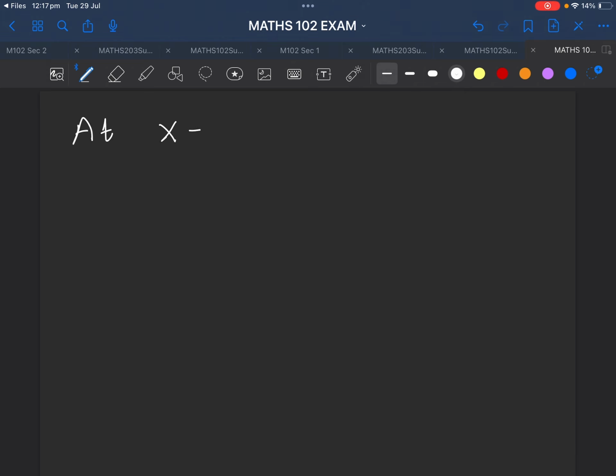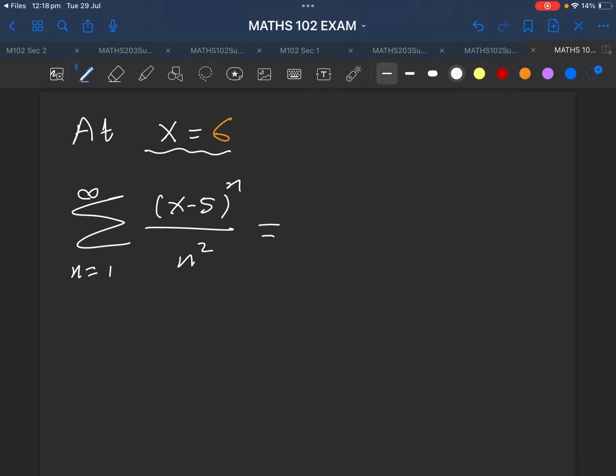So at x equal to 6, what will happen? Remember, my series was (x minus 5) to the power of n over n squared.